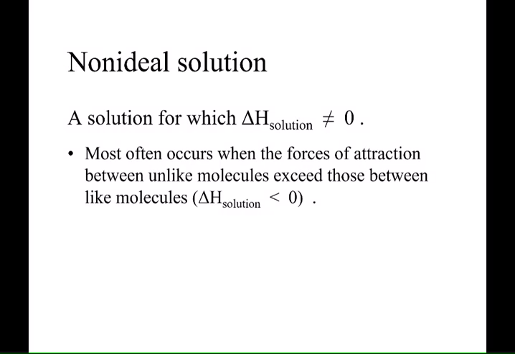So a non-ideal solution would be kind of like we looked at with the diagram. Either it's endothermic, energy is required, because you're not releasing as much as you require to break those intermolecular bonds, or it's a net release of energy, exothermic.